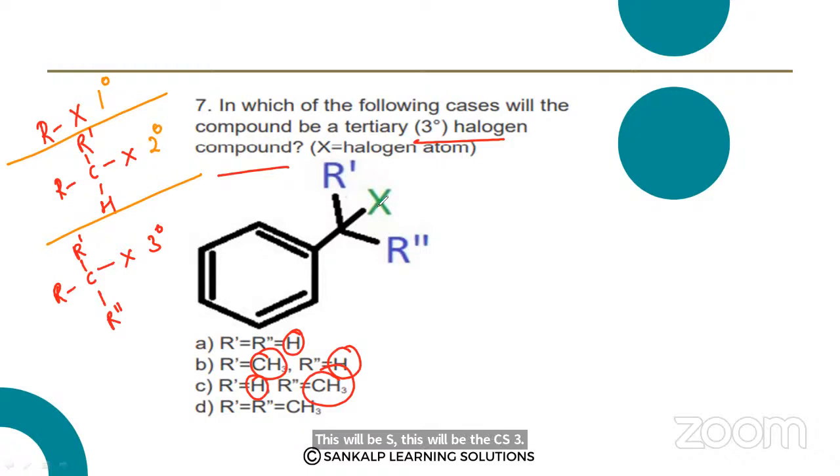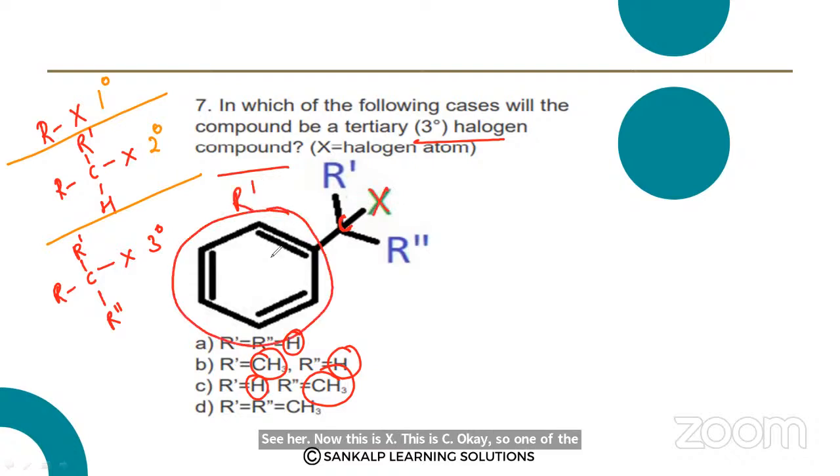See here, this is X, this is C, and this is R, an aryl group. For a tertiary halogen compound, R dash should be an alkyl group and R double dash should also be an alkyl group.